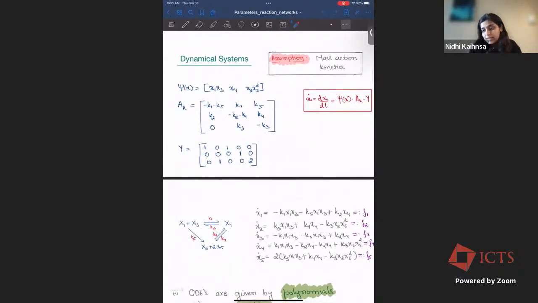What this assumption says is that the evolution of each species, the decomposition or their formation, is dependent on the product of the available concentration of those species. So along this reaction, my x1 decreases, and along this reaction, my x1 increases. So I'm encoding the change of x1 dot as minus k1 x1 x3 plus k2 x2 x4.